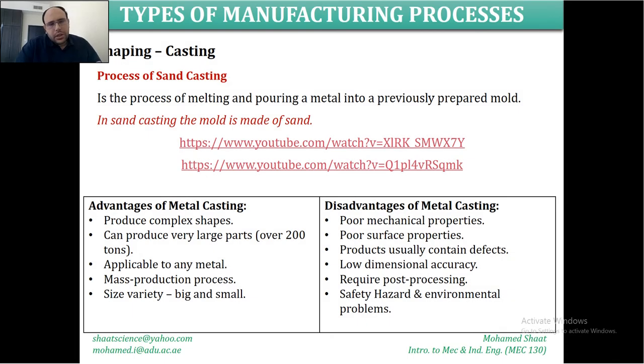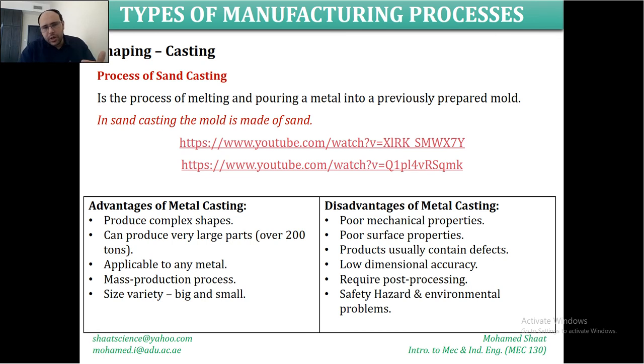Now let us consider some of the common types of manufacturing method that could be counted as shaping, forming, or machining. We said that these are the three categories. We're going to go over some of the most common manufacturing processes within each of these groups.